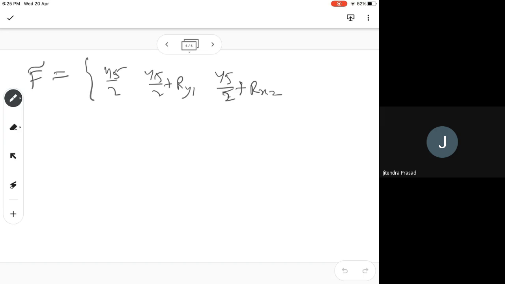There will not be any reaction in the upward direction because it was free to move. So 45 over 2, and then you have Rx3 and Ry3, transpose of. So this is what the force vector is.